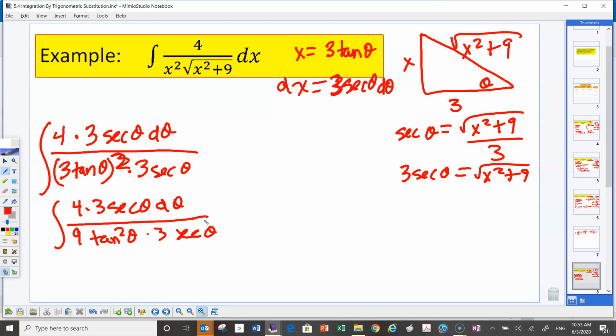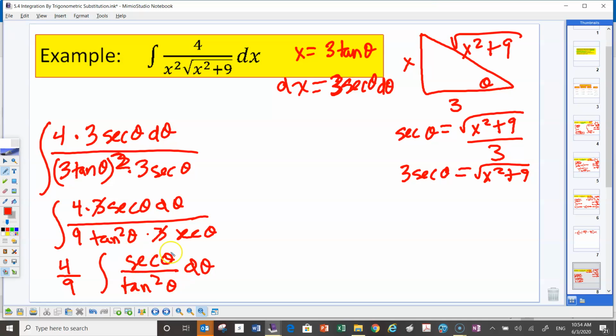So therefore, my 3's are going to cancel. The 4 over 9 is going to come out front. And I'll be left with the integral of secant theta over tan squared theta d theta.